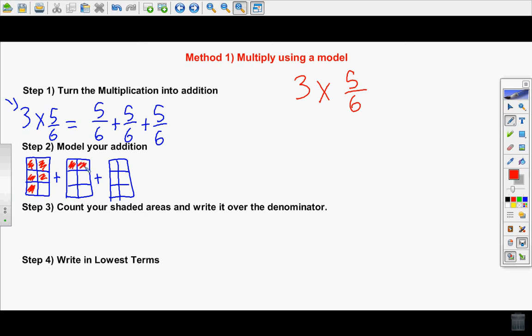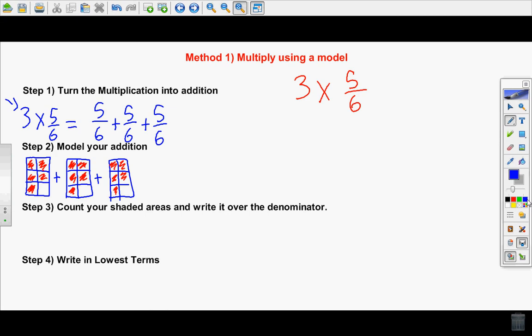Here's another 5 over 6. And let's do our last one. There. Now you can see I've created my model that draws and shows what 5 over 6 is.